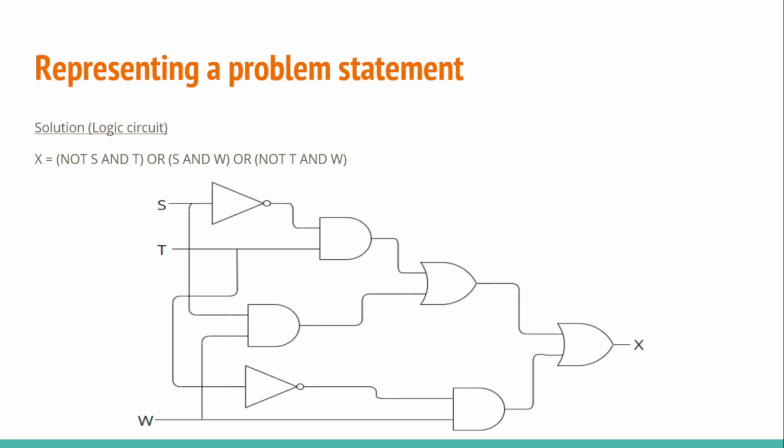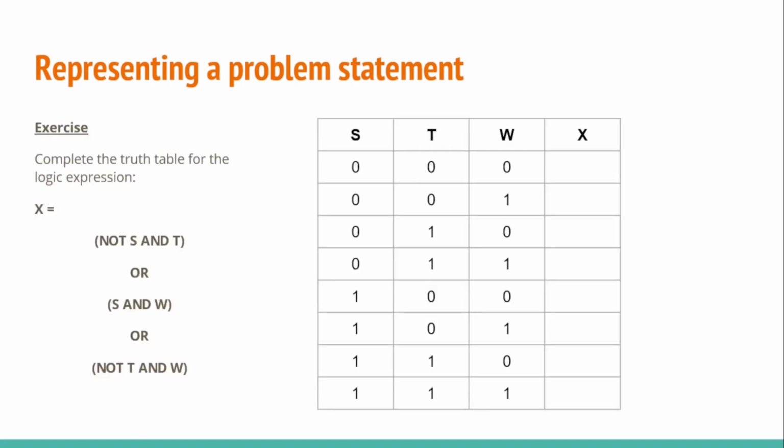Having said that, we move on to the closing part, where we have a challenge for you. If you really did this perfectly well, I would like you to take your time and work this out. Complete the truth table for the logic expression.